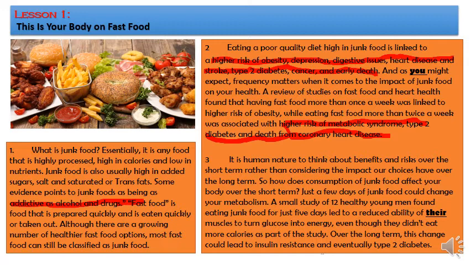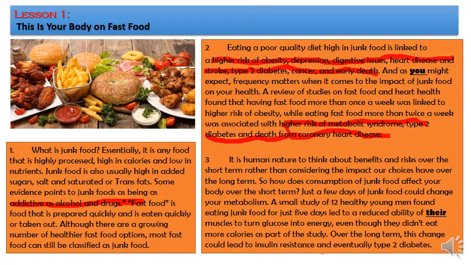So how does the consumption of junk food affect your body over the short term? Just a few days of junk food could change your metabolism. A small study of 12 healthy young men found eating junk food for just 5 days led to a reduced ability of their muscles to turn glucose into energy, even though they didn't eat more calories as part of the study.